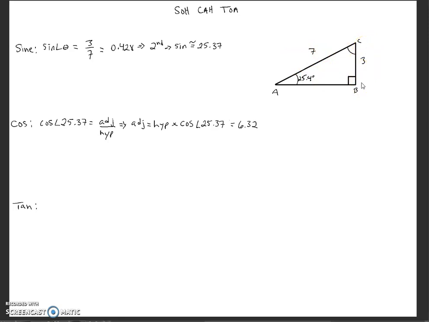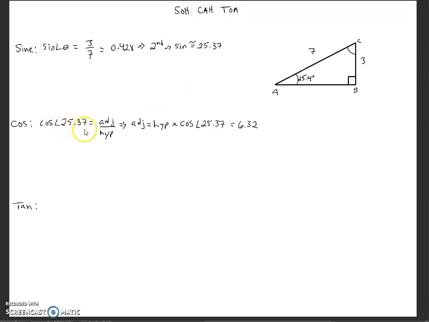So we have a couple choices here. Say for example here, we got 25.37, we have the angle. This is the adjacent to the angle, and we also have the hypotenuse. So we can use the cosine if we like. We have the adjacent we're looking for, but we have the angle, and we do have the hypotenuse.